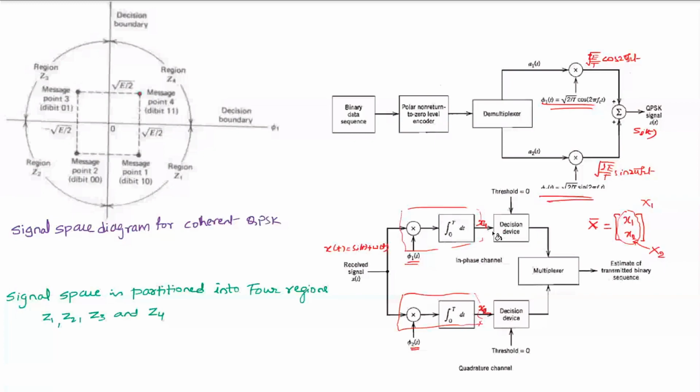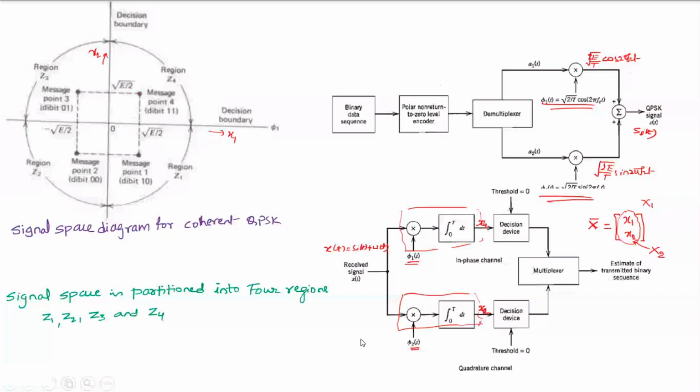So you can see here in the signal constellation, for us to decide the received vector in favor of 1 1, x1 must be greater than 0. This x-axis corresponds to x1, and the y-axis corresponds to x2.